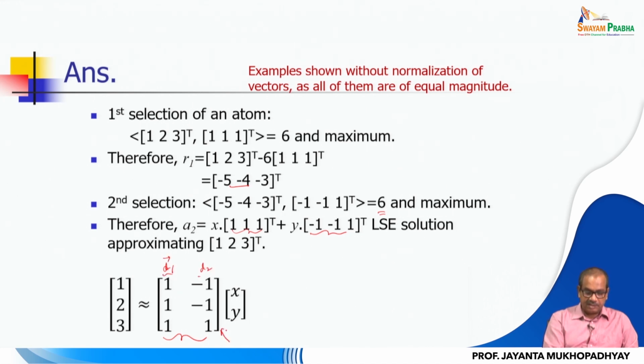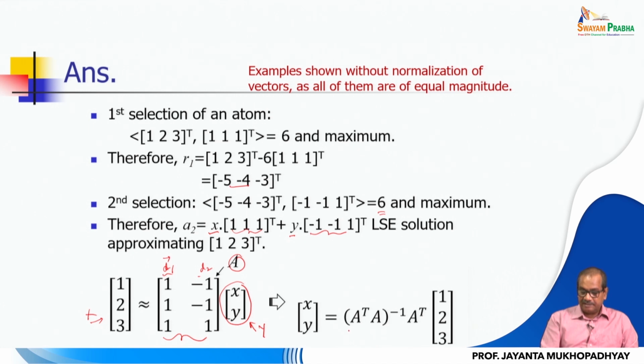That forms the matrix B, and this is your coefficients, X and Y. So this is the matrix Y and this is your X. What you need to do is perform the pseudo inverse of B. We are saying this is A rather than B. So this matrix is A, and finally the pseudo inverse is the inverse of A transpose A, times A transpose, times 1, 2, 3.